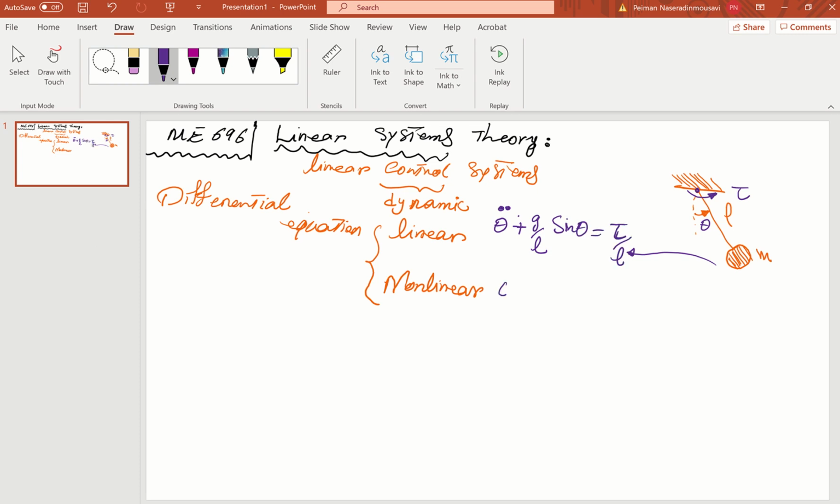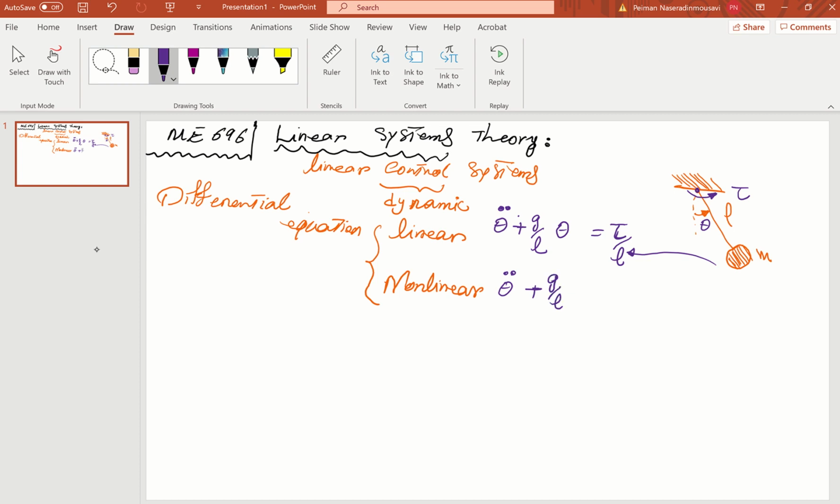That's right. Another is theta double dot, after linearization, sorry guys, this is the linear version, and the other is non-linear. This is the linearized version of that.